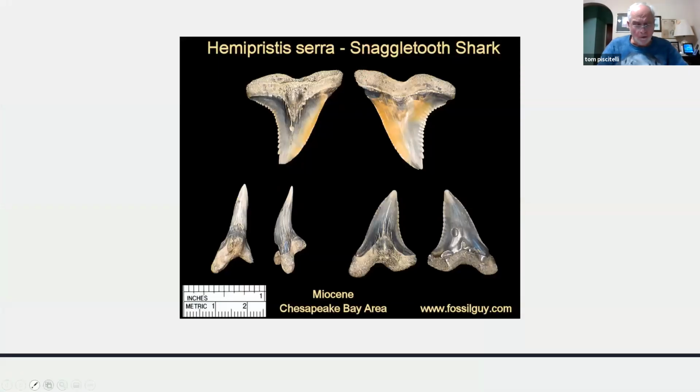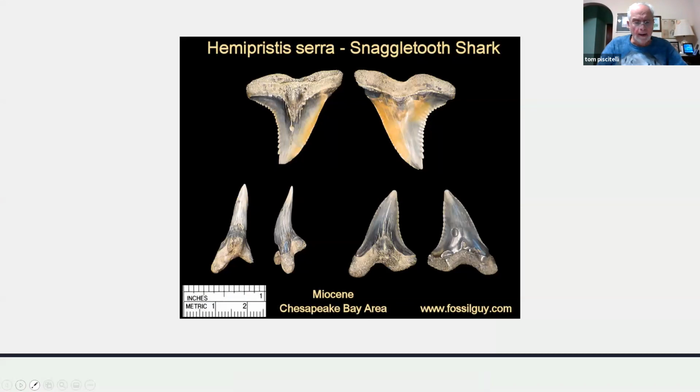This shark also had narrow, pointy teeth to hold its prey in its lower jaw. These are the teeth pointing up. The upper jaw teeth were broad and serrated to cut larger prey into pieces that could be swallowed. The top picture is an upper tooth shown from the front and back sides.